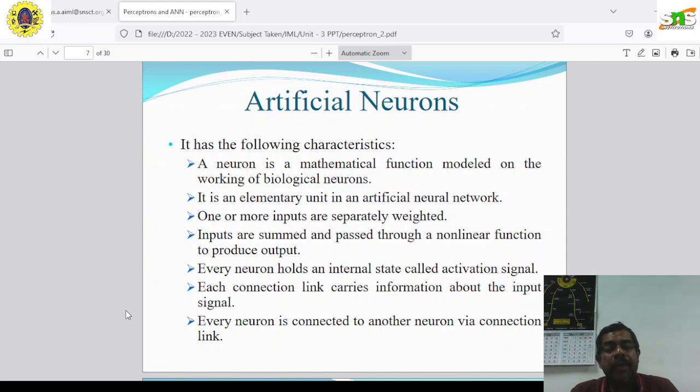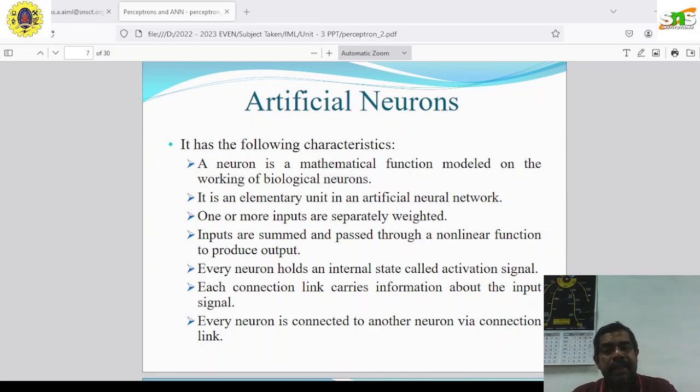Every neuron is connected to another neuron via a connection called a link. Just as the actual dendrites work in live neurons, in the same way in artificial neurons we have to establish the connection between the varieties of neuron cells. This is how artificial neurons are built.